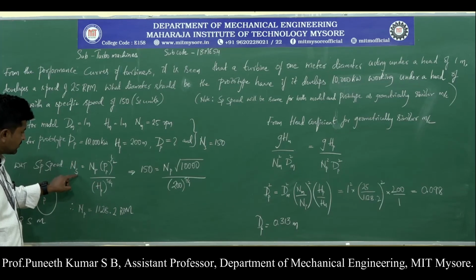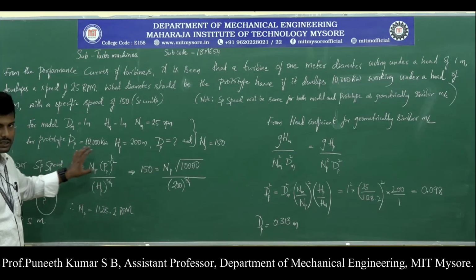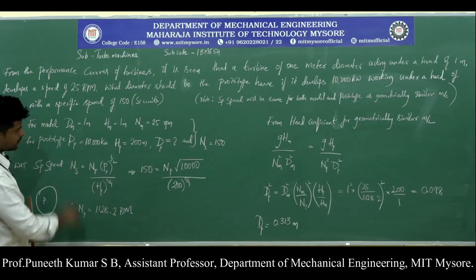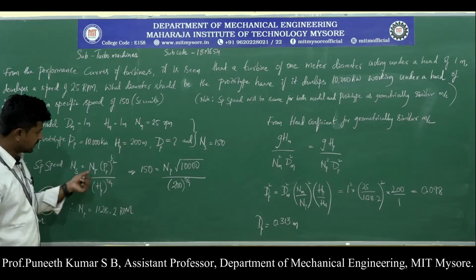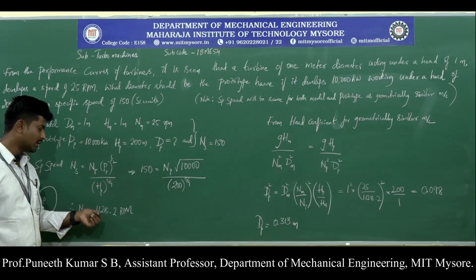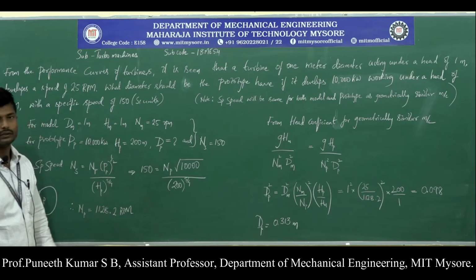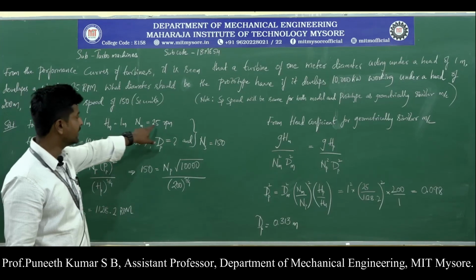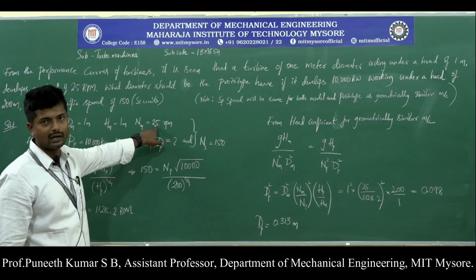But I have not mentioned the specific speed of the prototype. Why? Because it is the same. After substituting this, I am getting the RPM of the prototype as 1128 RPM. What is the RPM of the model? We have already written in the data, it was just 25 RPM.